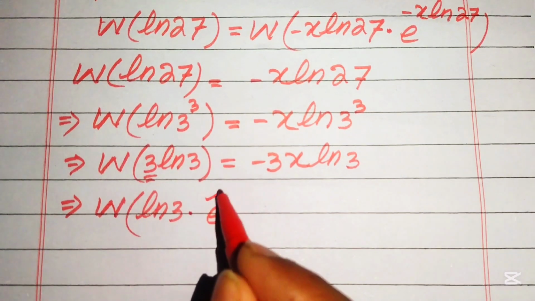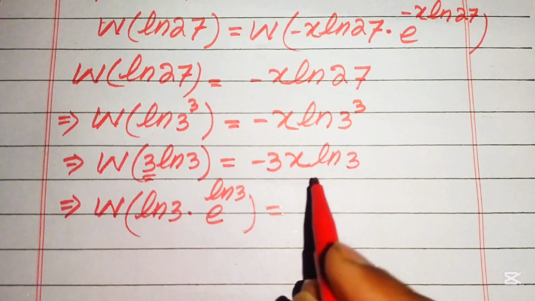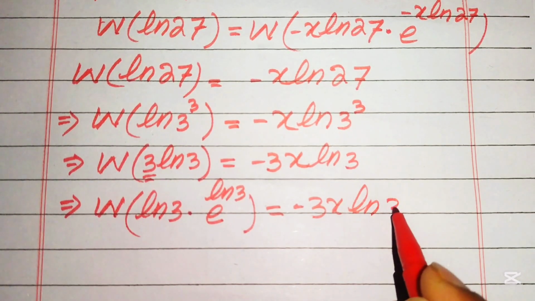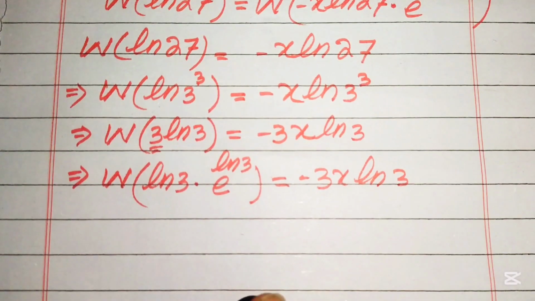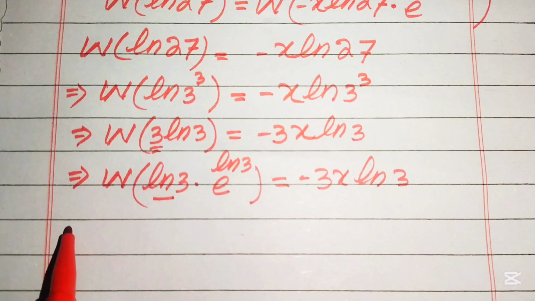It will be written as e to the power of log 3 is equal to minus 3x into log of 3. Now you see the exponent of e is log 3, and it is multiplied by it, so we are ready to apply the definition of the Lambert W function.